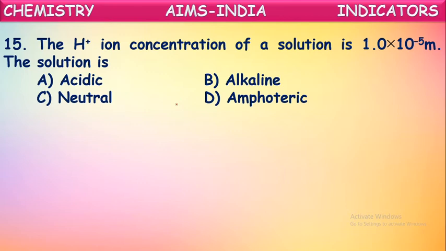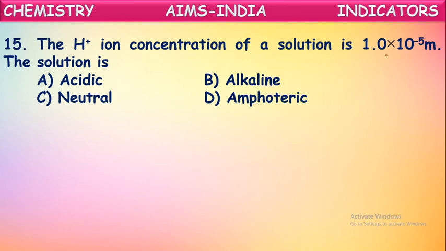The H plus ion concentration of a solution is 1.0 into 10 to the power of minus 5 molar. The concentration of H plus ions is given and we are asked to find out its nature, whether it is acidic or basic. If we know H plus ion concentration, we can find out its pH value. So if we know pH value, we can say whether it is an acid or base.